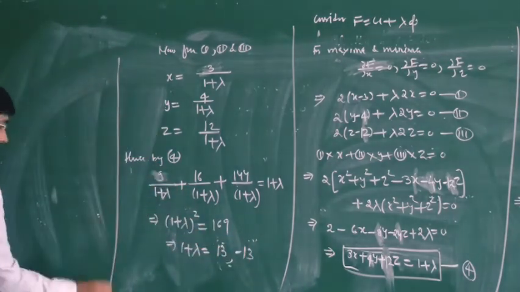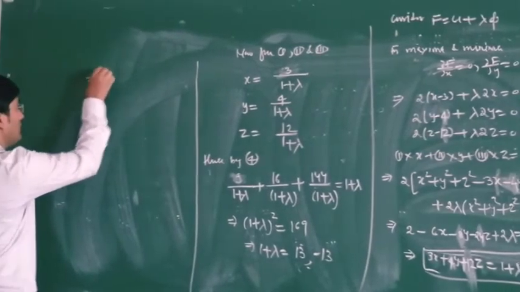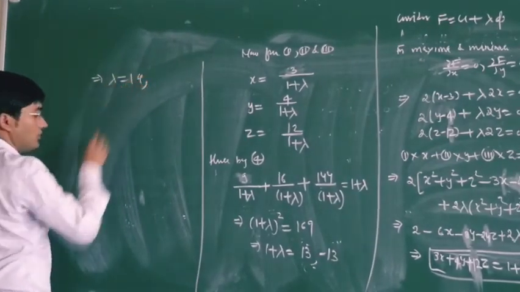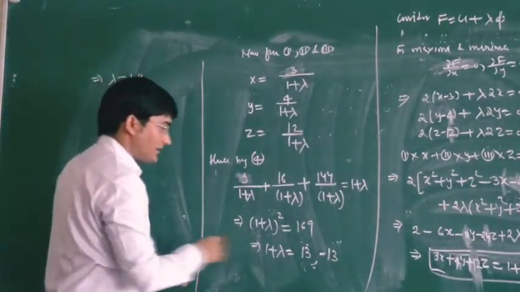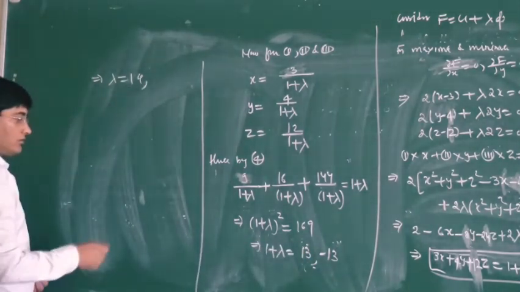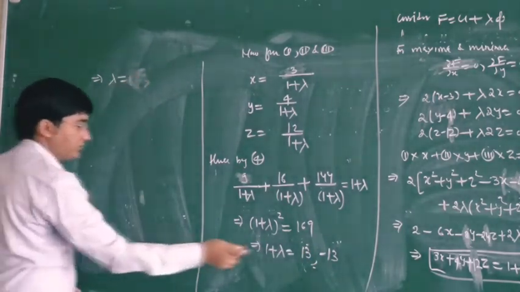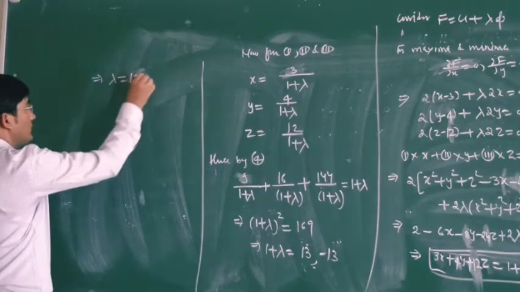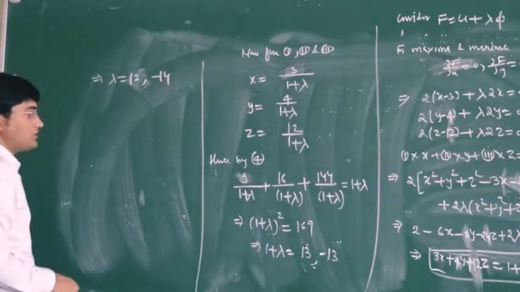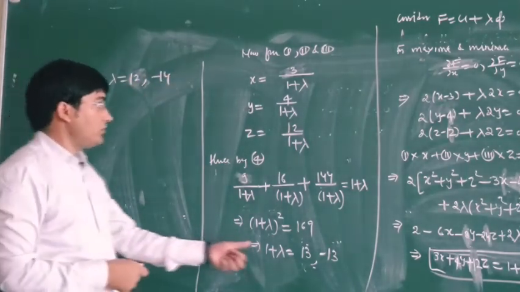If you take the right hand side as plus 13, then our lambda will be 12, and otherwise minus 14. So we have the value of lambda.